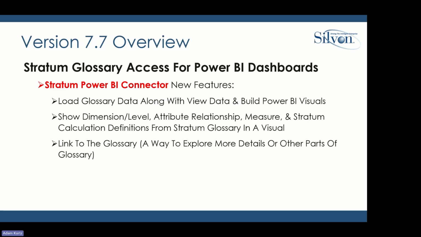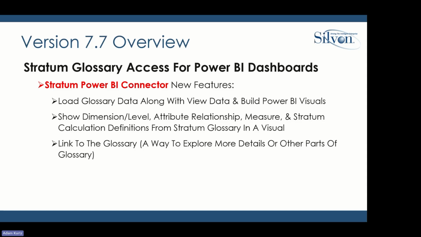So loading that glossary data along with the view data that's now available, you'll be able to show some of that data, extend that data from the glossary, and link to the glossary so that you can not only show it within the Power BI visualization, but you can also link to it and show additional data from some of the components within the Power BI report itself.